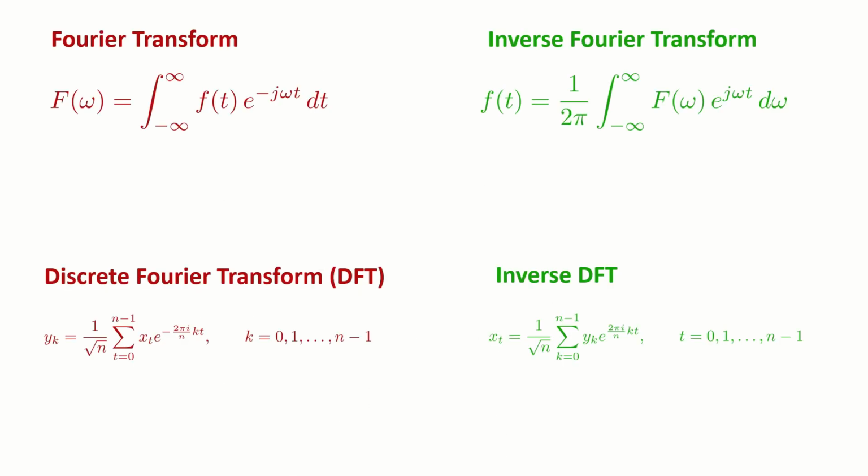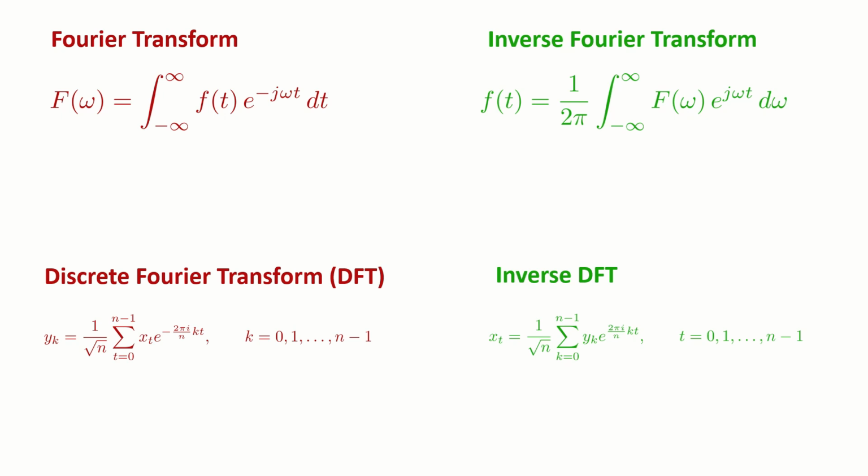Let us summarize today's lecture. The Fourier transform of a continuous time function f of t is equal to the integration of f of t multiplied by e raised to power minus iota omega t, where integration is performed over t from minus infinity to infinity. The inverse Fourier transform is defined the same way.